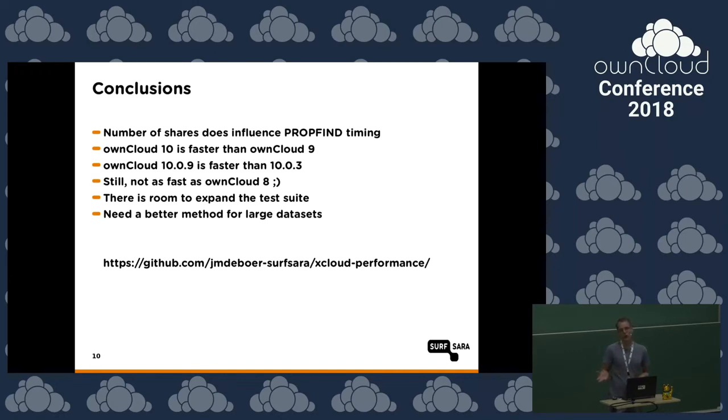But there's still room to expand my testing suite. Because, of course, when you're testing, you only see what you are looking for. So there may be a lot of other stuff that you're not looking for, which is good or bad. You just don't know. And I need a better method to test really large data sets.